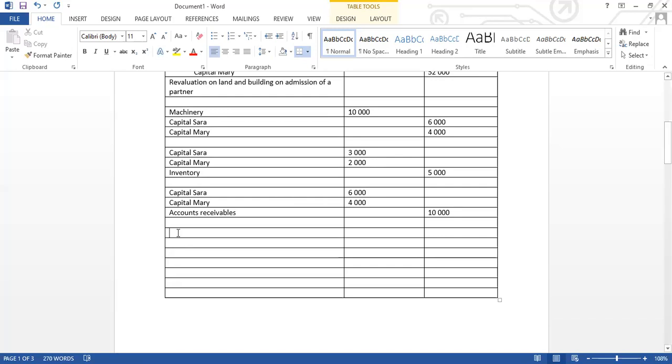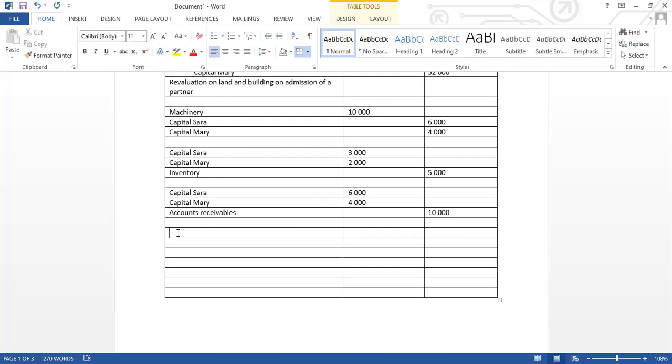So usually in cases where you are not told whether goodwill is to appear, there are two ways of distributing goodwill. In cases where goodwill is not to appear in the new books of the partnership, you will have to calculate goodwill and share it among the old partners.